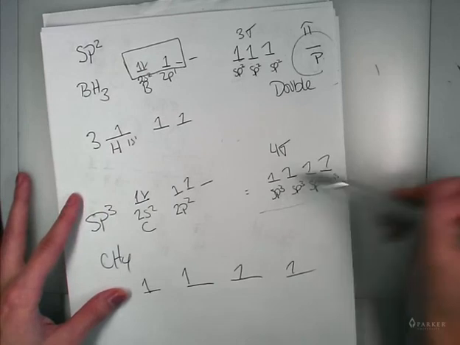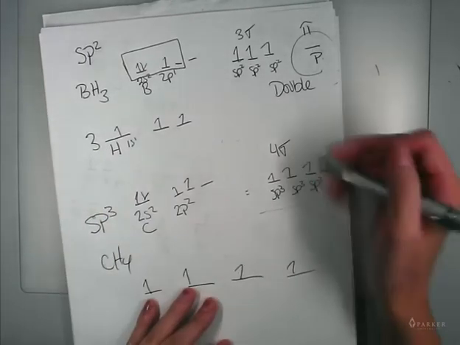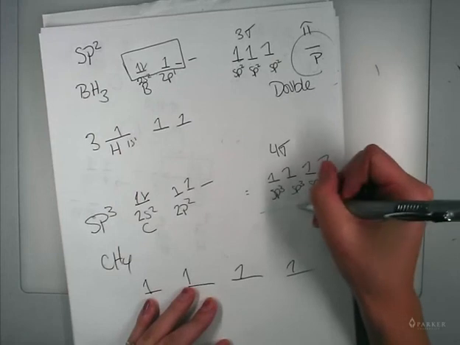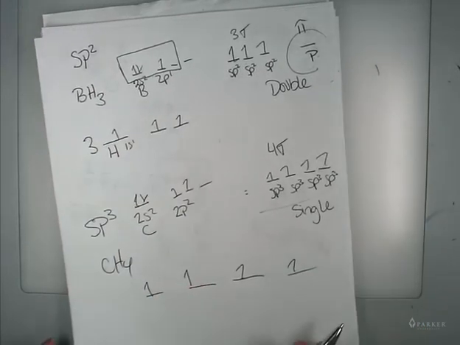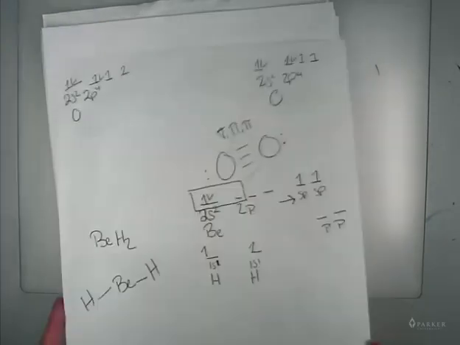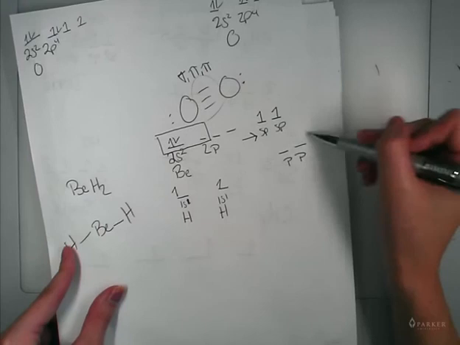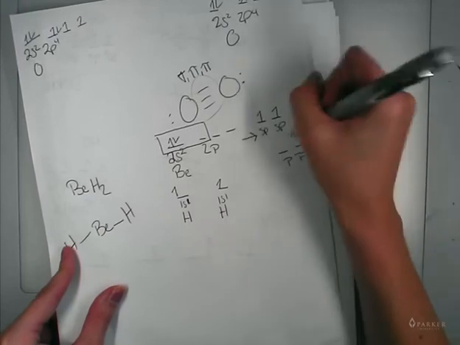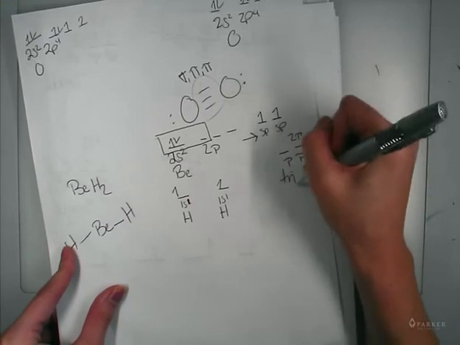What about sp3? Do I have any leftover Ps? No, I used them all. So this is only all single bonds. I'll make this into a chart here in a second. And then the sp, you say I have 2 leftover Ps. So it's 2 pi. So that one is your triple.